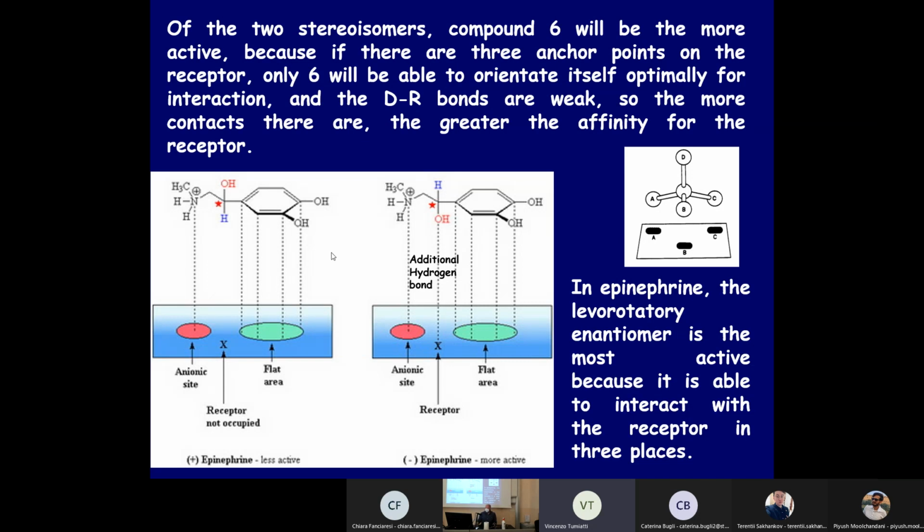The activity of this last enantiomer, less active, is comparable to that of dopamine. Dopamine is the same molecule without OH.